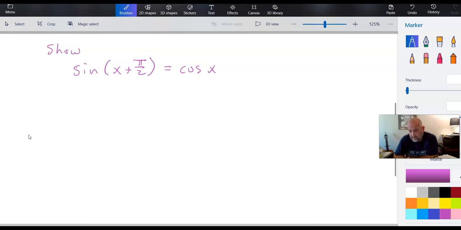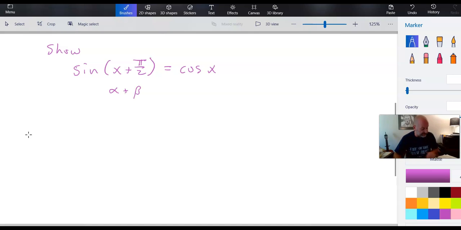Well, we have a clear sum here, right? And by the way, especially those of you going to calculus, this is going to be a very useful thing to do when you have something that's offset like this, because this is a phase shift. And so this is a way of handling phase shifts algebraically. Okay, so that means that x is alpha and pi over 2 is beta.